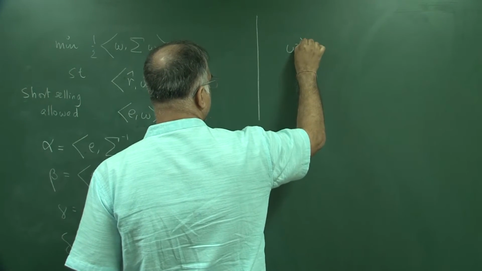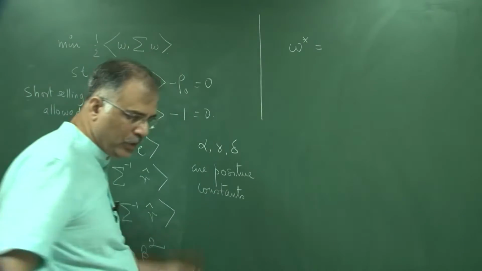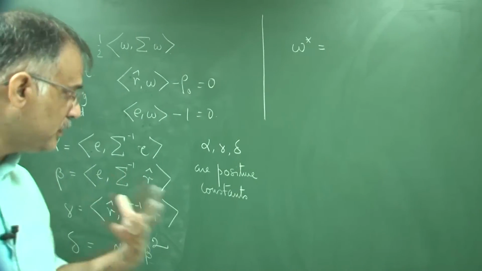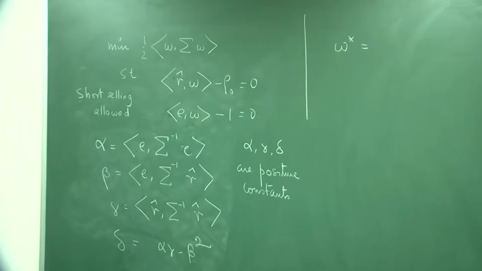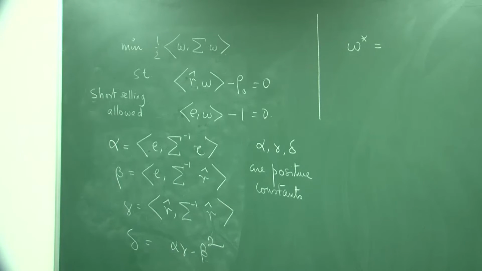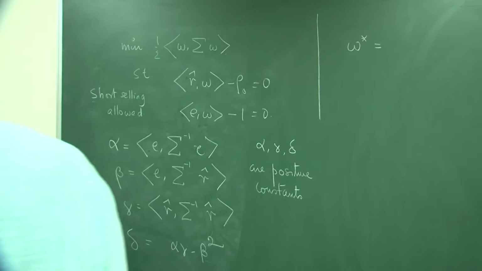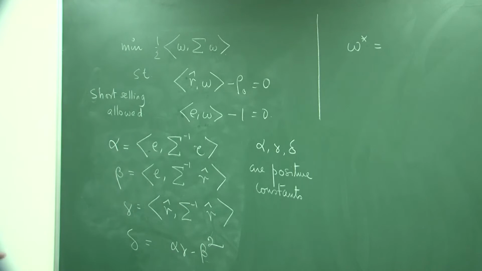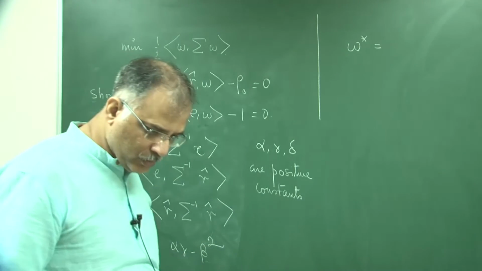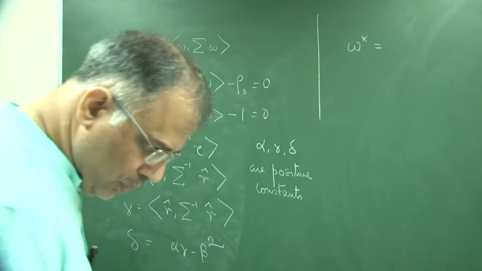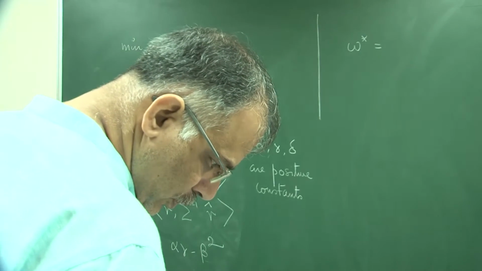Your solution, which I write as omega star, is a unique allocation. So under this situation, your allocation will be unique. You cannot have any other choice, right? Of course, in the last example also you saw that the allocation was unique given rho bar. Of course, here rho bar, rho naught will play a role.